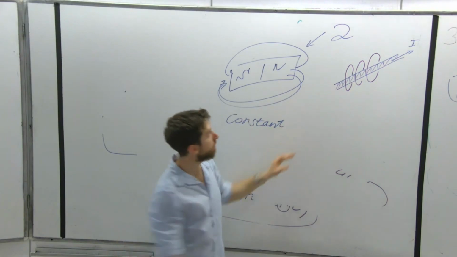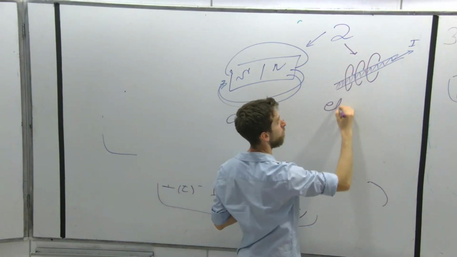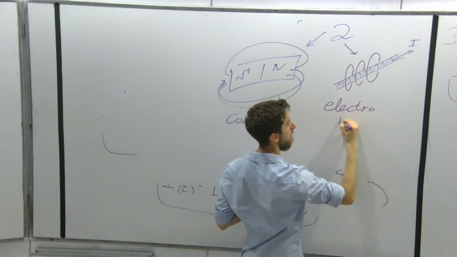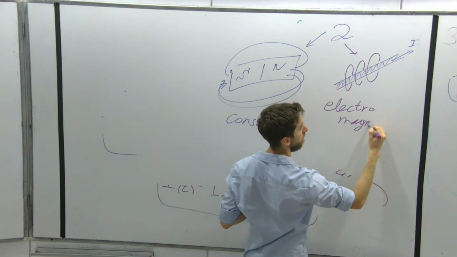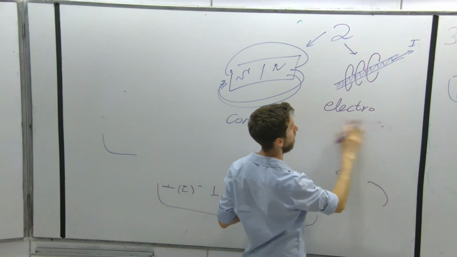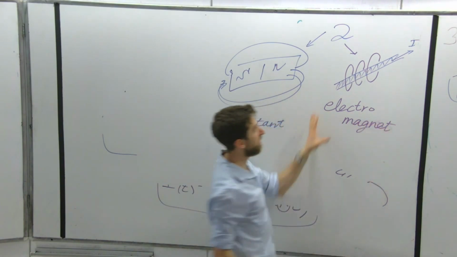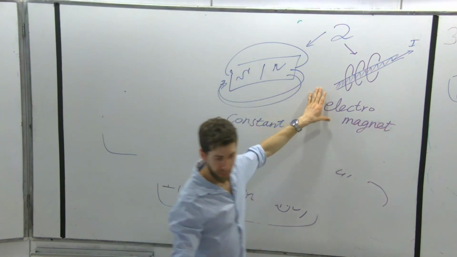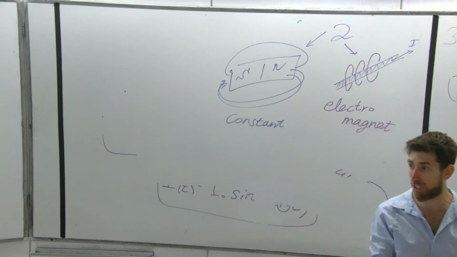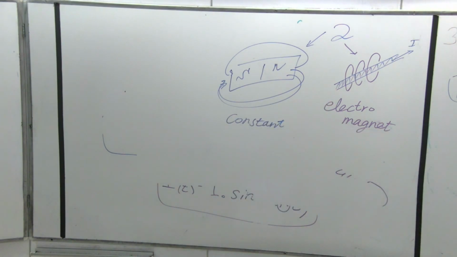This is insane. So this one is called an electromagnet. This effect, I want you to look at in the demonstration that I brought to class.